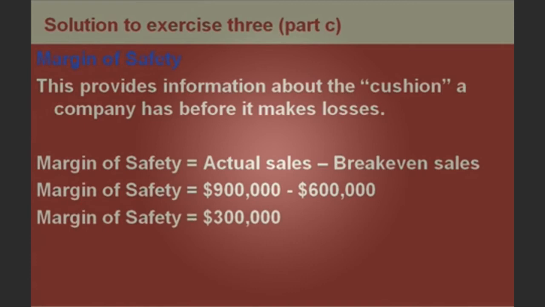So the margin of safety is 300,000. This means sales has to drop $300,000 before the company gets into trouble. That's what it tells you. Ideally, you want this margin of safety to be as high as possible.